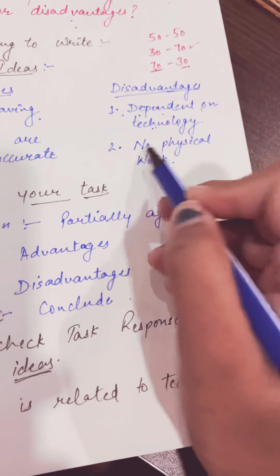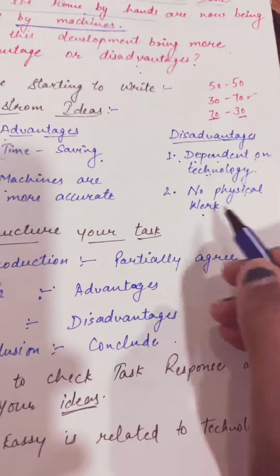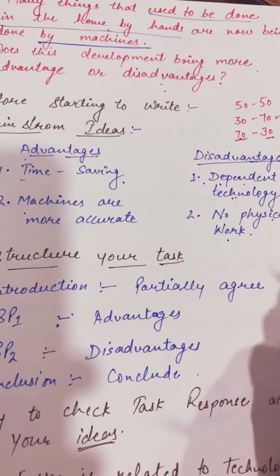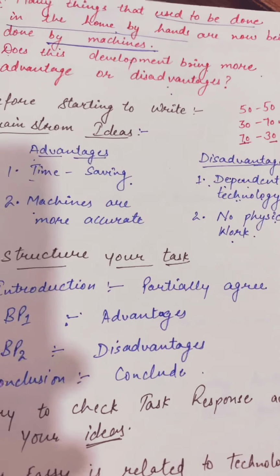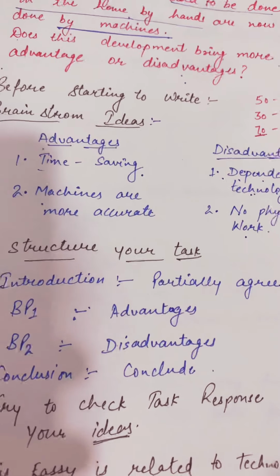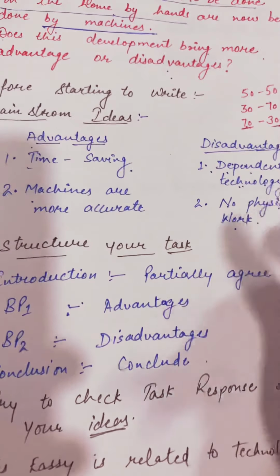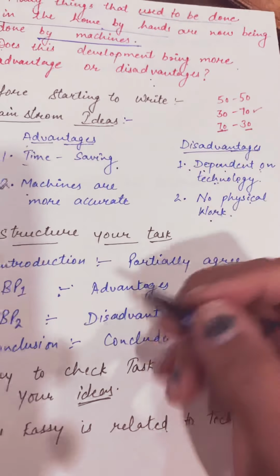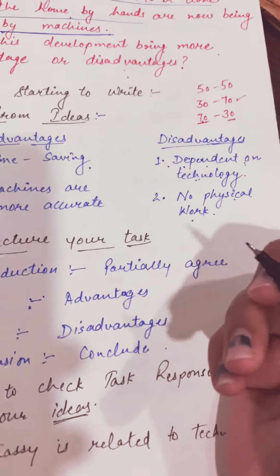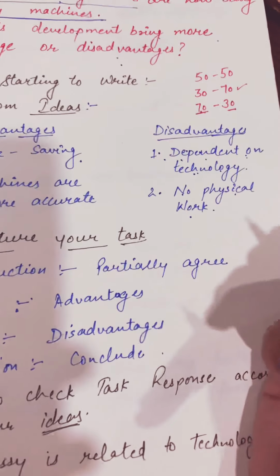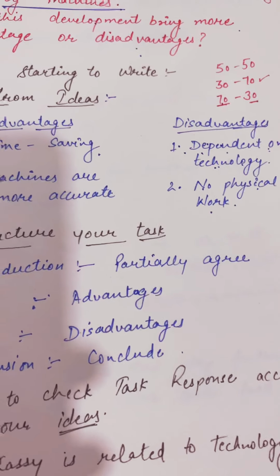The second point is no physical work. Okay, so while doing work at home with machines, we don't do any physical work. For example, as I gave you the example of the washing machine, if we are not washing the clothes manually, not washing the clothes with our hands, then there is no physical work.